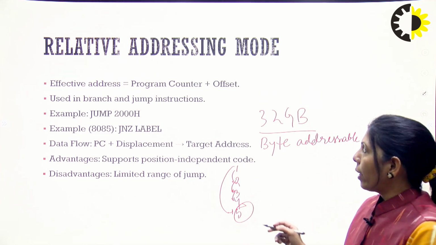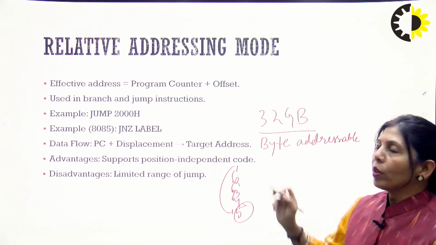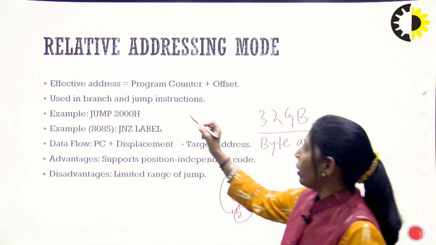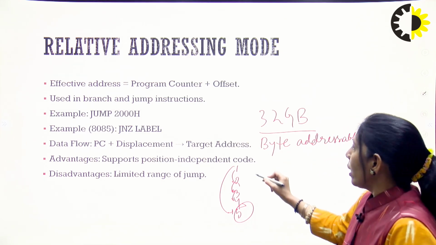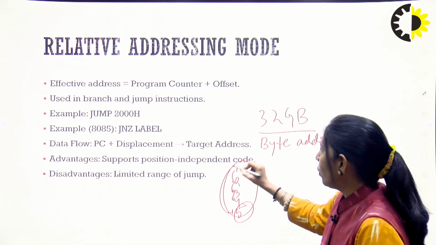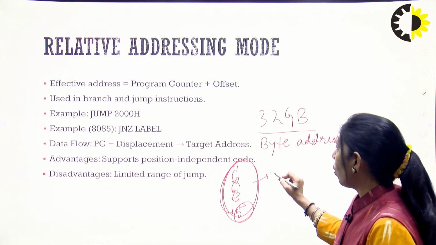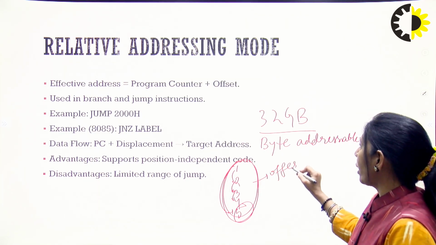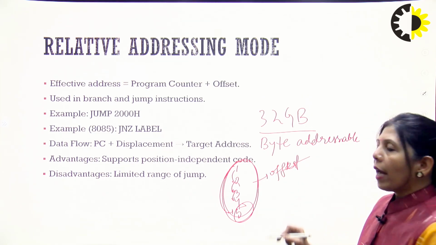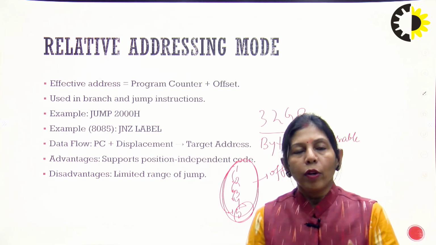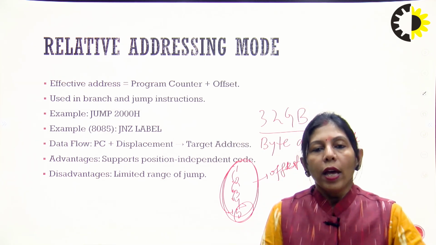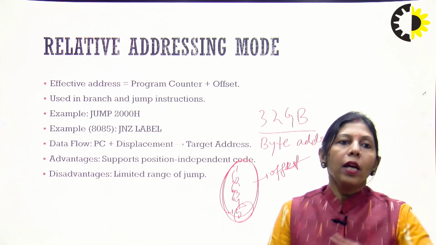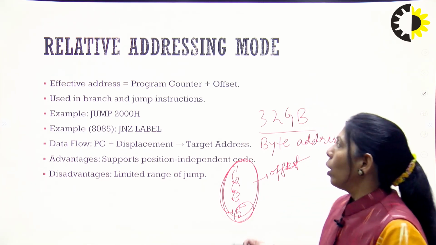For that, this relative addressing mode is quite helpful. It takes this value as the offset, and every time it adds the value 5 to our initial value and makes the program counter reach that particular location.